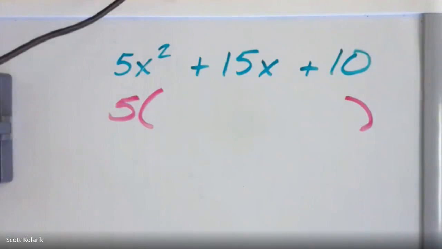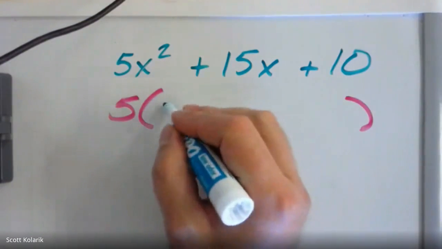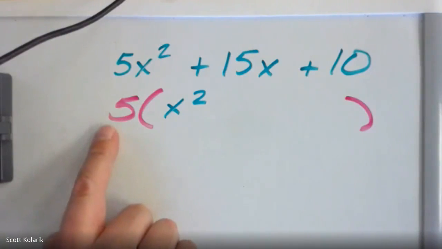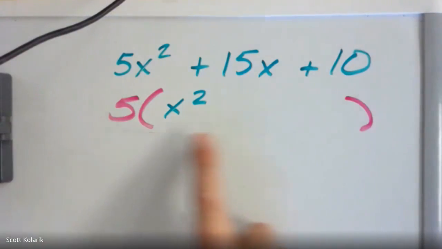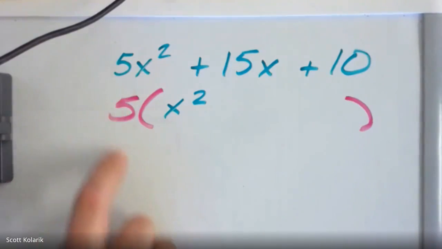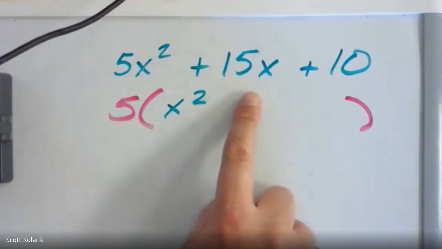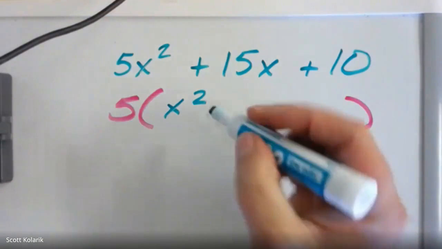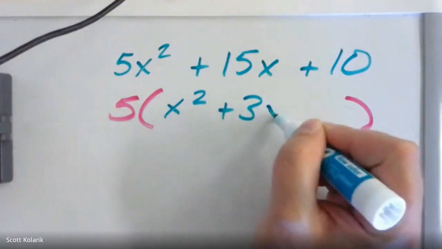If I divide 5 out of 5x squared, I'm left with just x squared. Had I distributed this 5 and multiplied 5 times x squared, I'd get right back to this 5x squared.